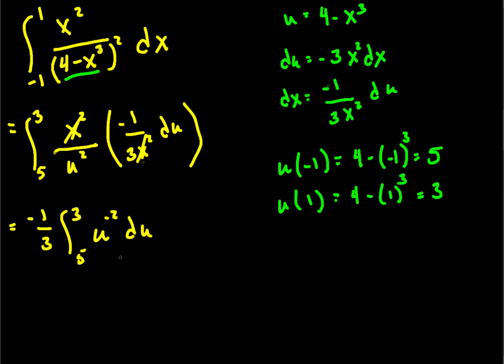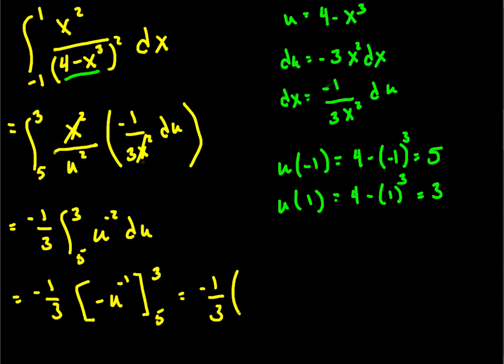And now this is a nice form. We know the antiderivative is just a power rule. And so this would be equal to -1/3 times -u to the -1, evaluated between 5 and 3, which is equal to -1/3 times -1/3 minus -1/5, which simplifies to be 2 over 45.